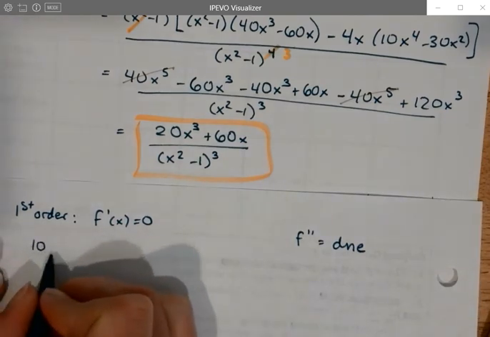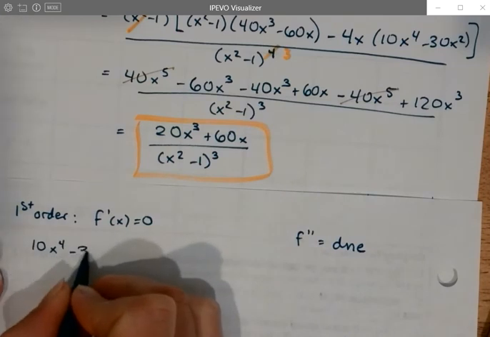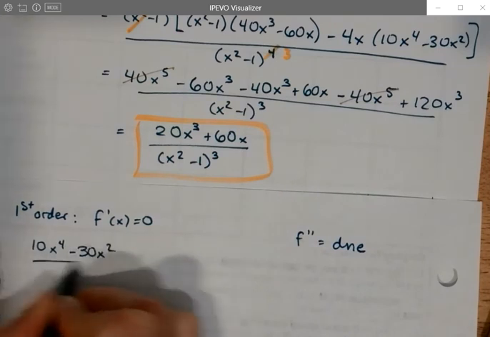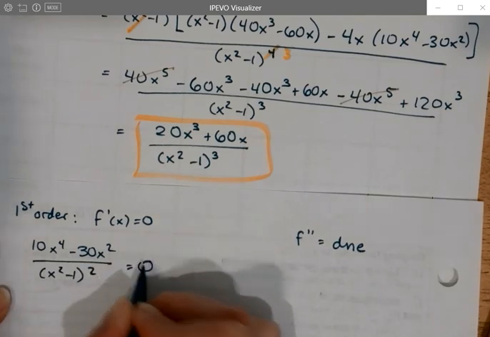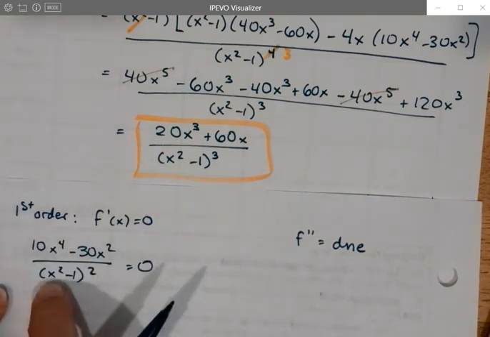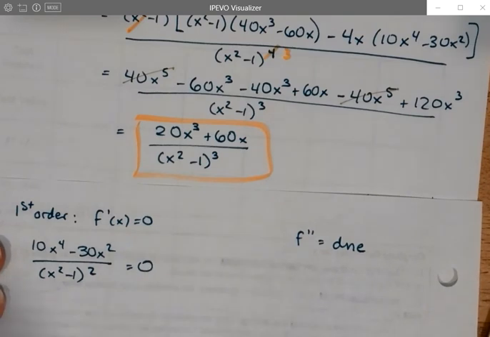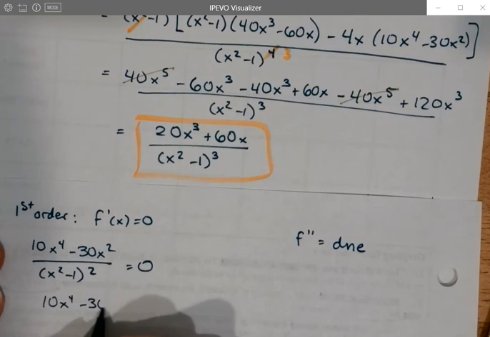We have 10x to the fourth minus 30x squared over x squared minus 1 squared equals 0. Now, if I multiply the denominator over, I'm really just looking at the top equals 0. So I have 10x to the fourth minus 30x squared equals 0.